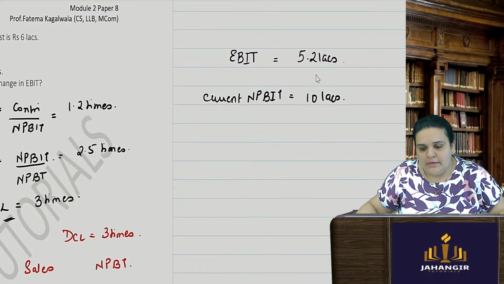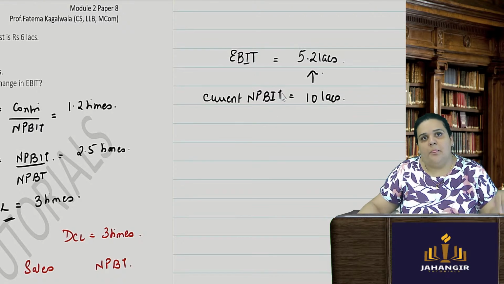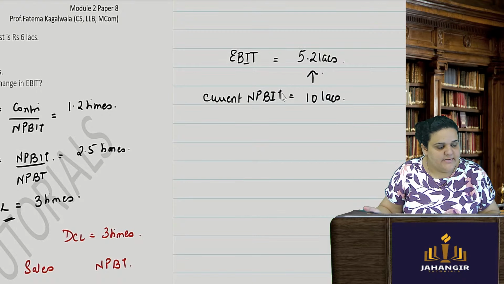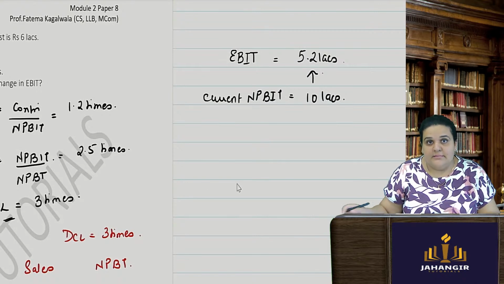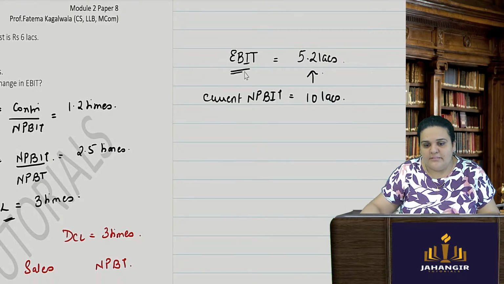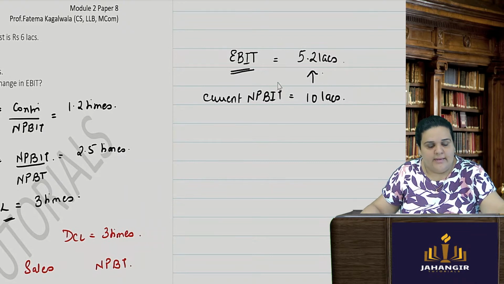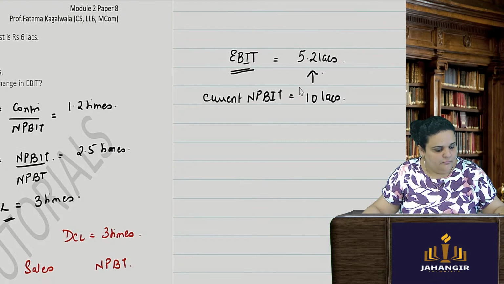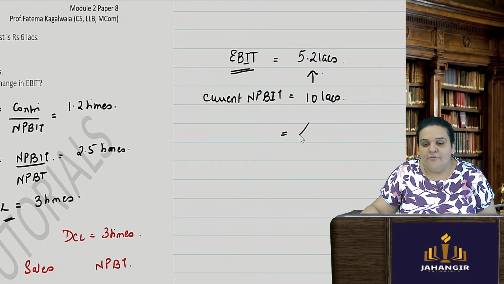In order to bring it to 5.2 lakhs, there is a decrease. So how much of percentage decrease is there? If you calculate this, NPBIT is decreasing by 48%.